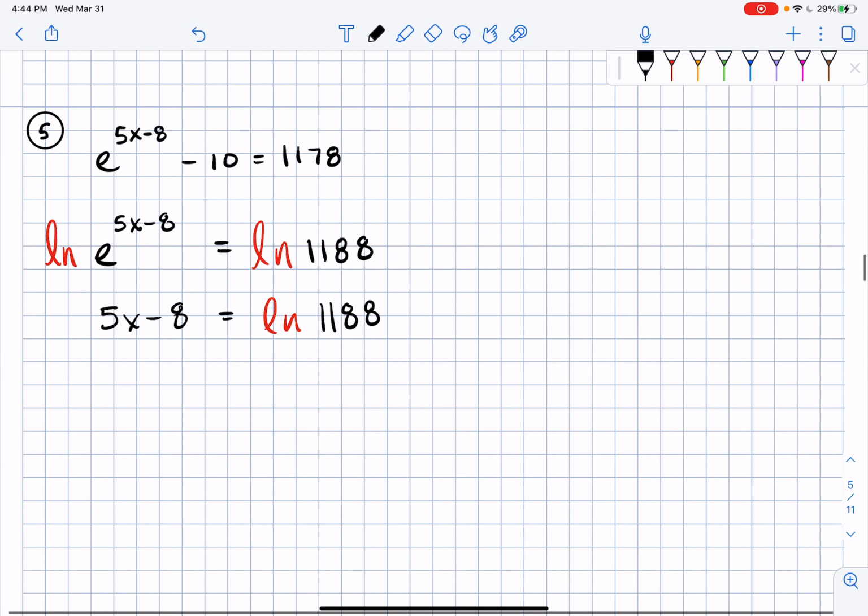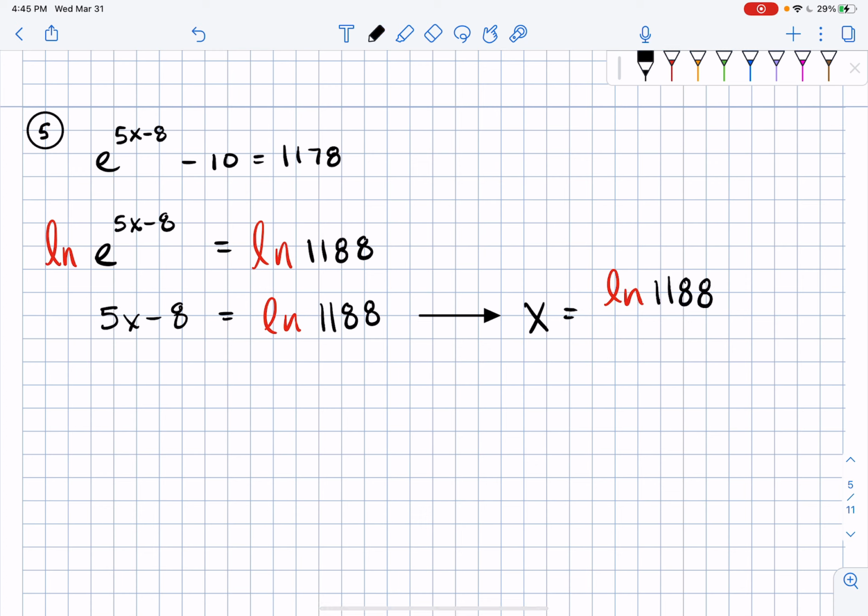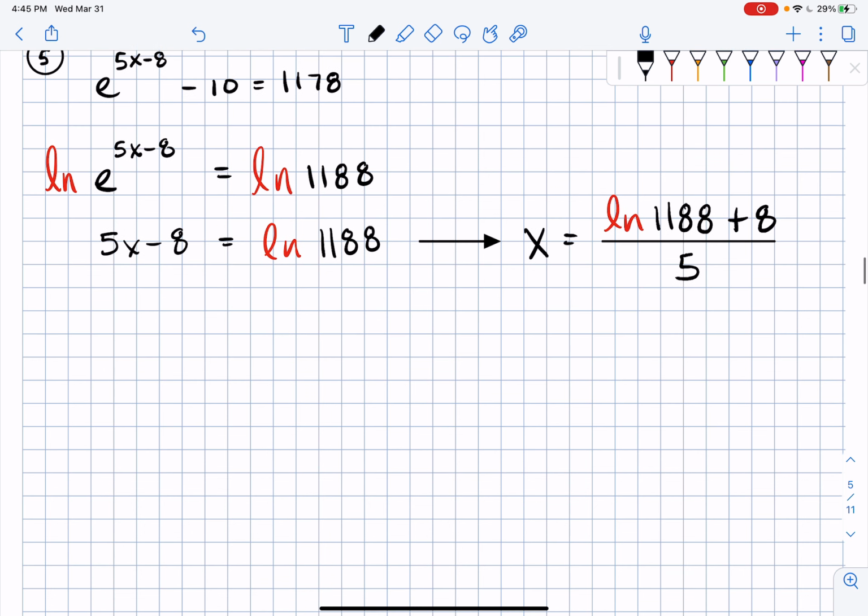Okay, so let's see if you guys can follow this here. So I'm going to add 8, and then divide by that 5. Okay, so let's see what that gives me.